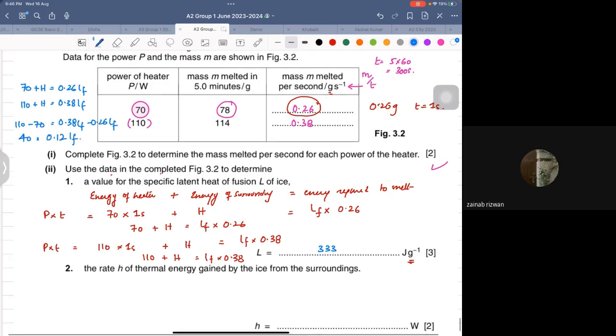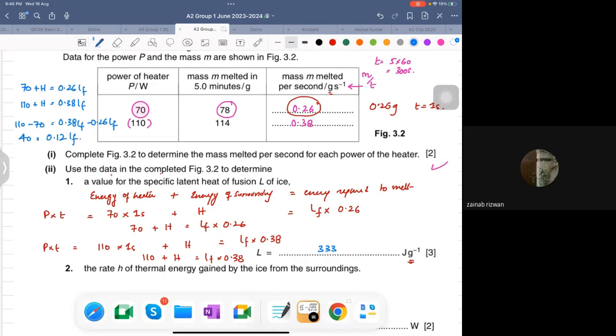Sir, the power over here is constant, right? Which is constant? The power. No, not the power. It's basically the energy that is gained from the surroundings that is constant. So if we used 5 minutes instead, could we do it that way?